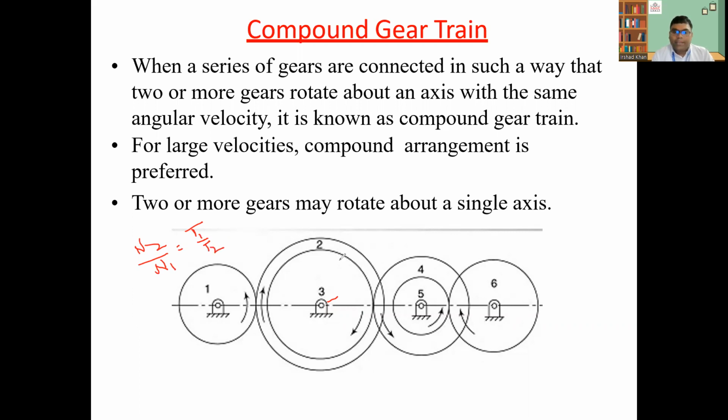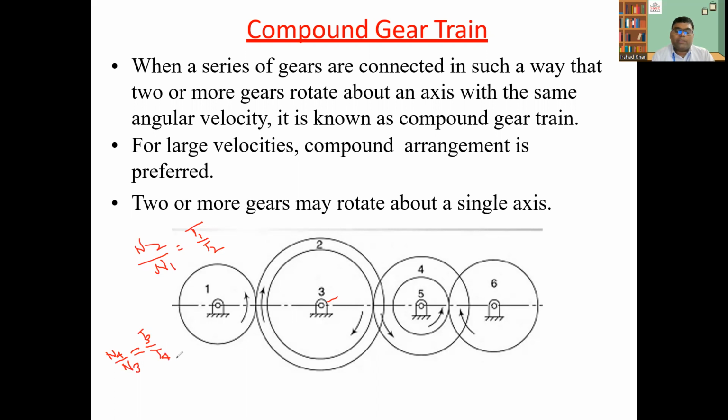And here gear 3 is in contact with gear 4, so we can also write N4 upon N3 equals T3 upon T4.